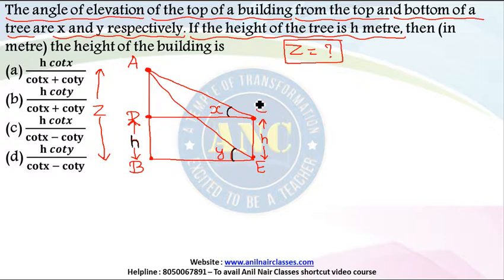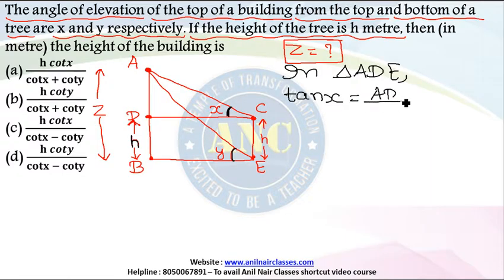That means there is a smaller triangle ADC. In triangle ADC, I hope you are understanding when to apply method 1 and when not to. In triangle ADC, tangent of angle x is nothing but opposite, AD, divided by adjacent, DC, right?